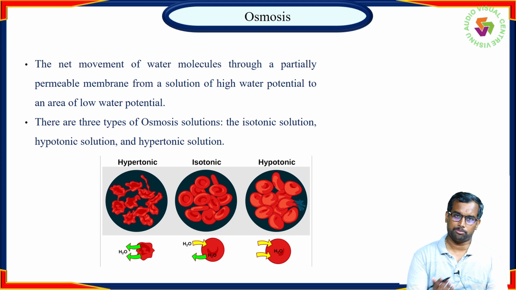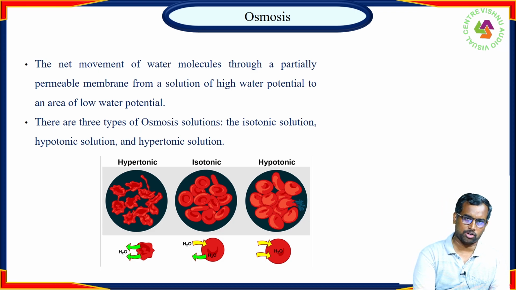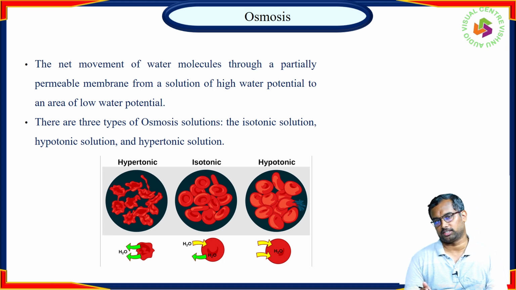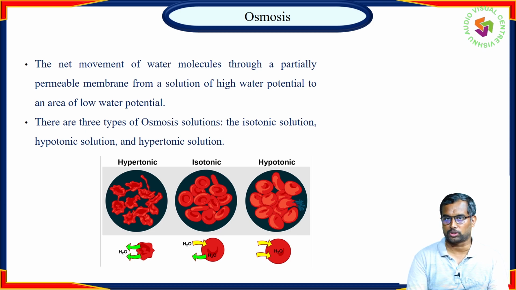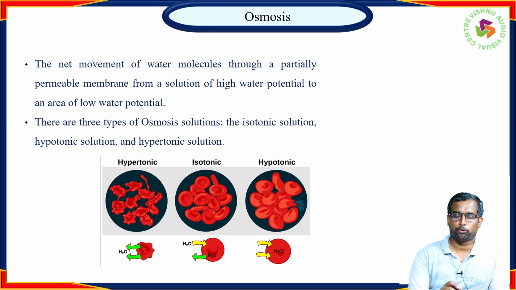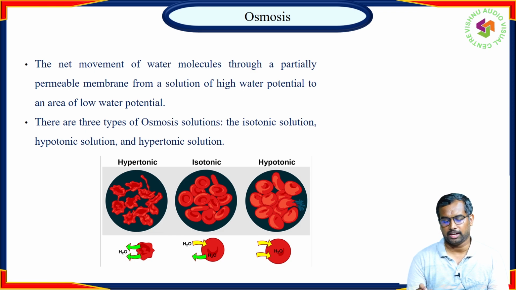The difference from the usual cases is that here also the flow takes place from a high concentration region to a low concentration region, but the concentration we consider is the concentration of water and not that of the solute. So in osmosis, the water will flow from the high concentration region to the low concentration region.